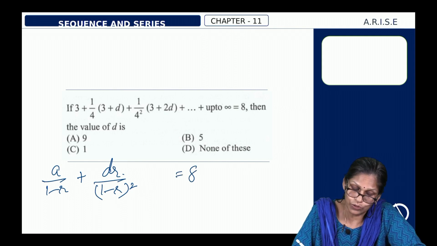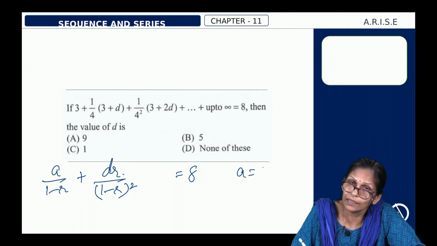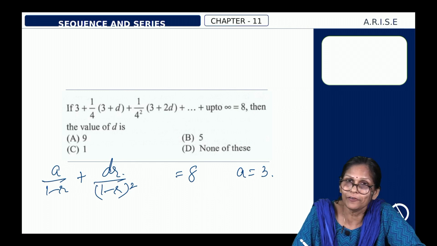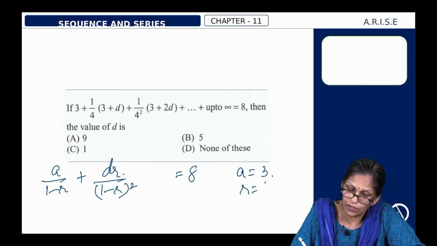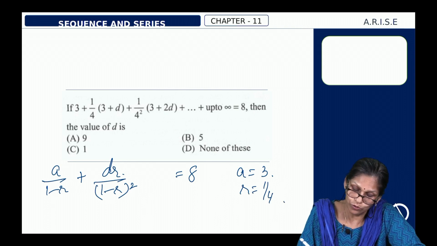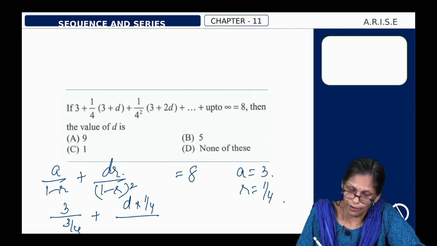Let us substitute the values. A is the first term of the AP. What is A here? 3 itself. What is the common difference? d. What is the common ratio? It is 1 by 4. Substitute the values. You have 3 divided by 1 minus 1 by 4, which is 3 by 4, plus d into 1 by 4 divided by 1 minus 1 by 4 the whole square, which is 3 by 4 the whole square, which is 9 by 16.